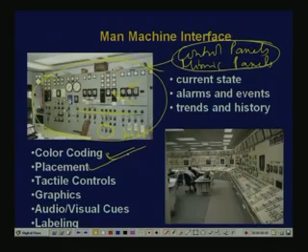An operator looks at hundreds of these meters, so they have to be properly color coded, so that an operator can from a distance quickly make out what is the source of the problem. Their placements, more important things should be right in front of the operator.